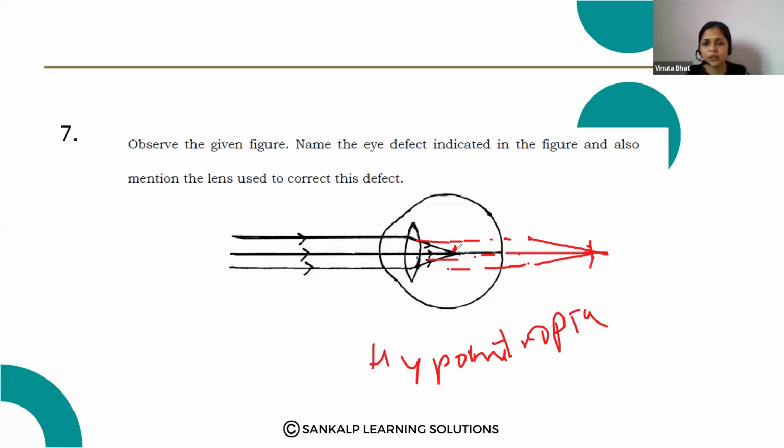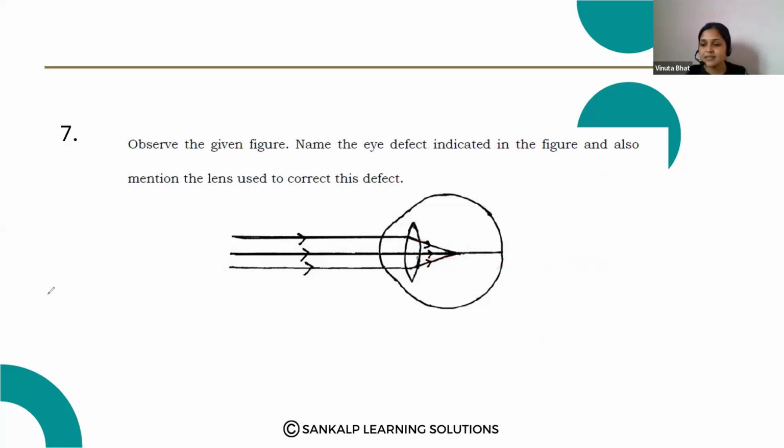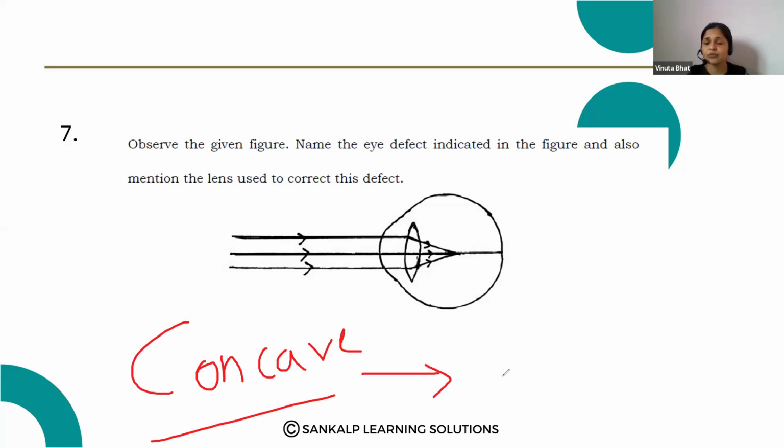But here it is forming in front of the retina, so it is called myopia. To correct this type of eye defect, what type of lenses are used? Concave. Very important, remember concave lenses are used here. In case of hypermetropia, convex lenses are used.